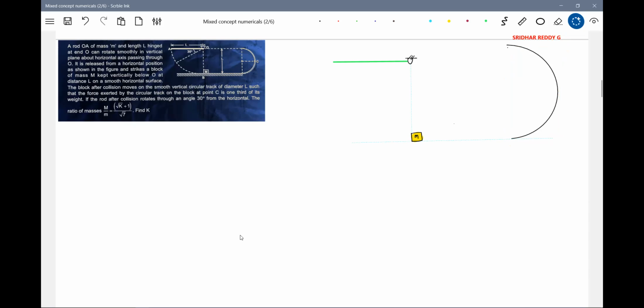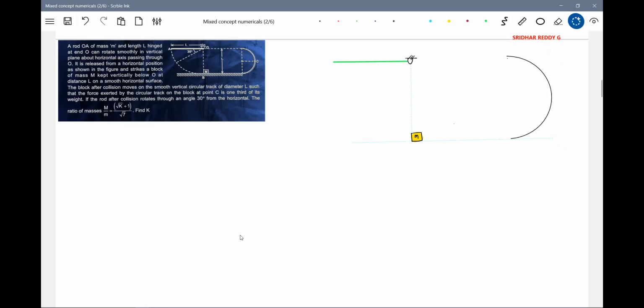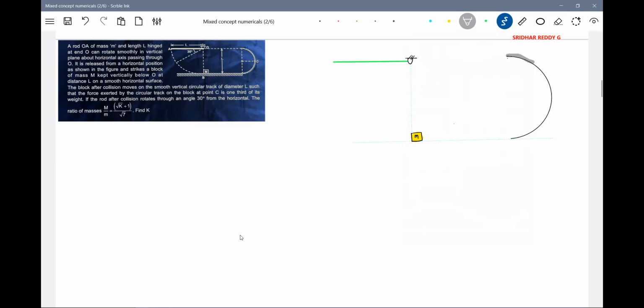Take out this one. Okay, till here is what? Same height, both of them. What to do when the rod comes?